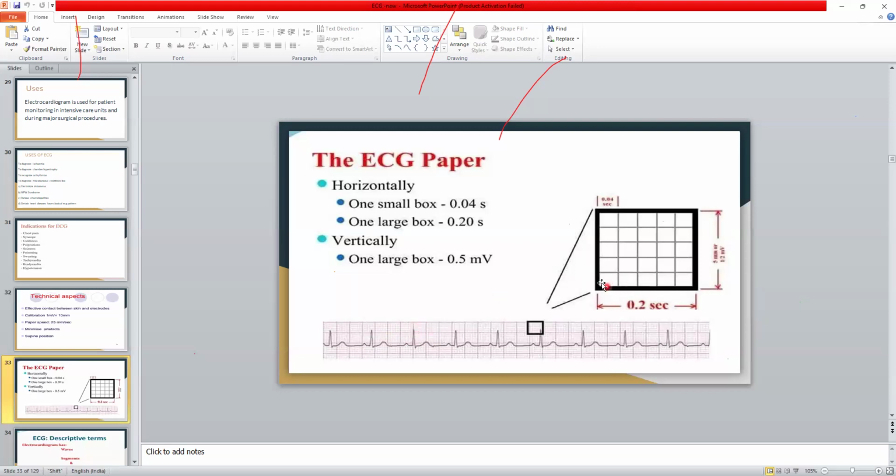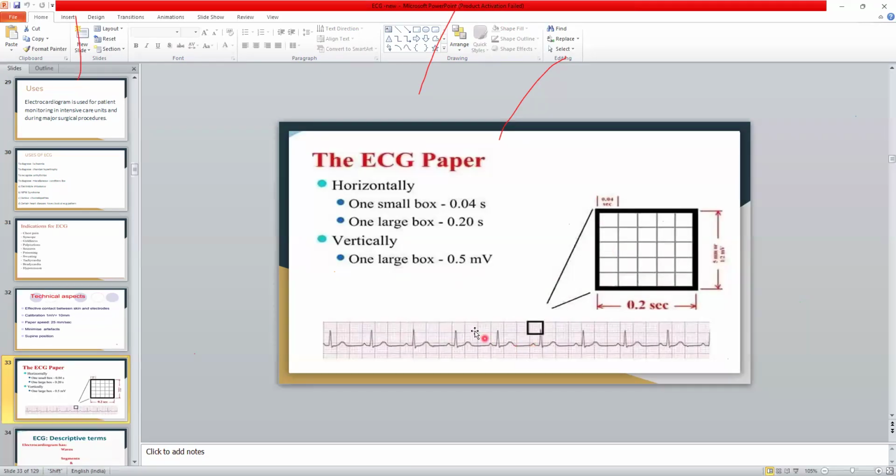Each small box is 0.04 seconds horizontally, that is the time, and each large box represents the duration of 0.2 seconds horizontally and 0.5 millivolts in the amplitude.